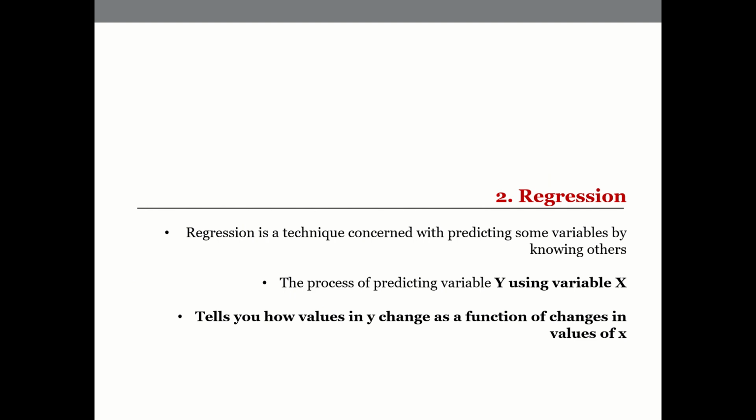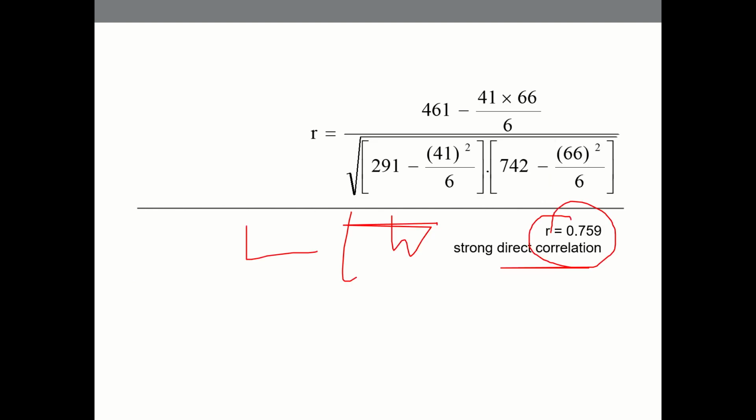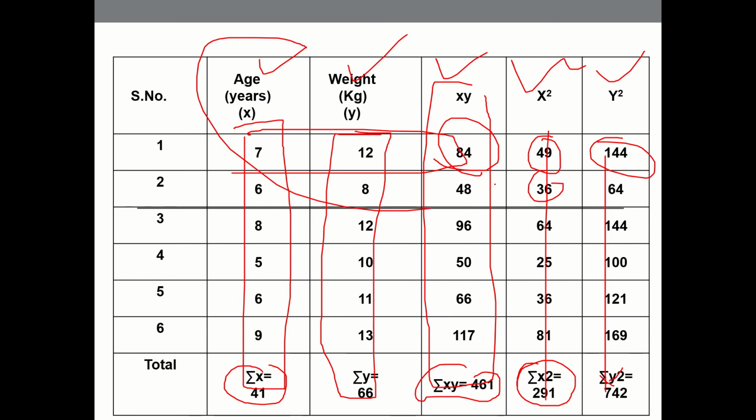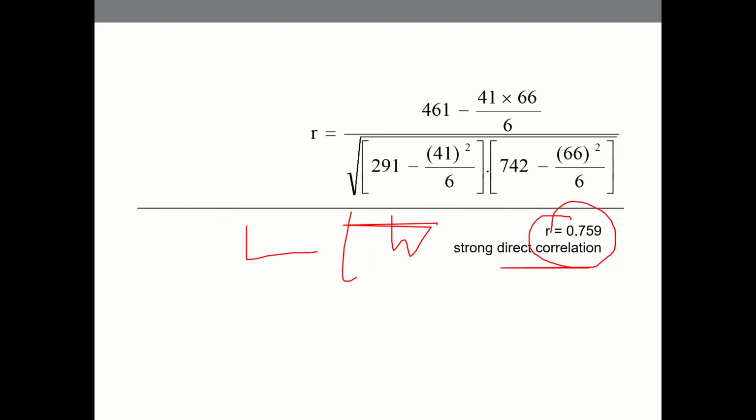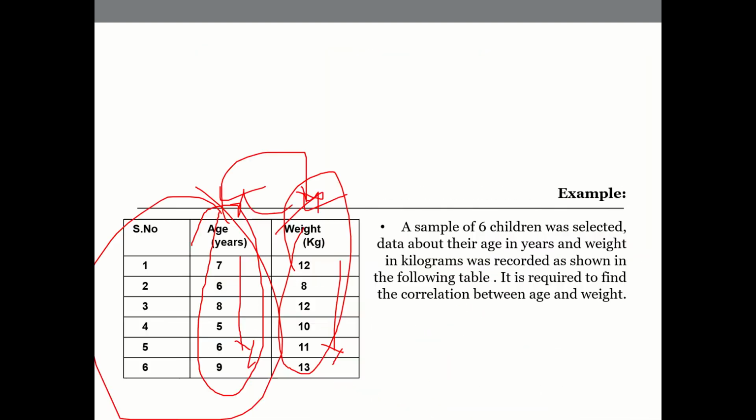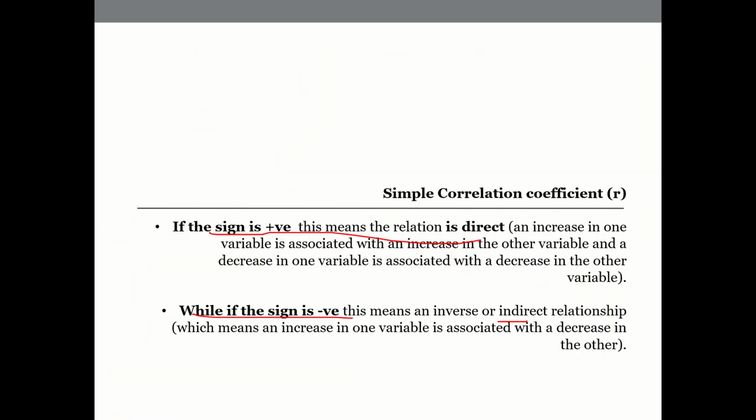What is this second concept, regression? This establishes a relationship between two variables. Regression has the capacity to forecast. Regression technique can be used for predicting the future, using the information that we have.